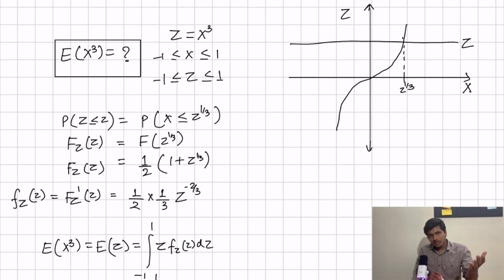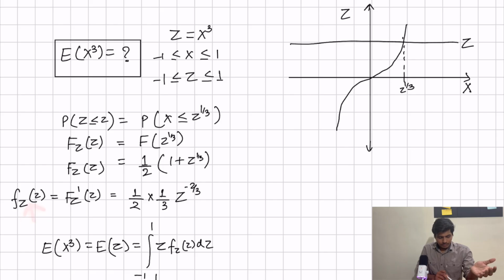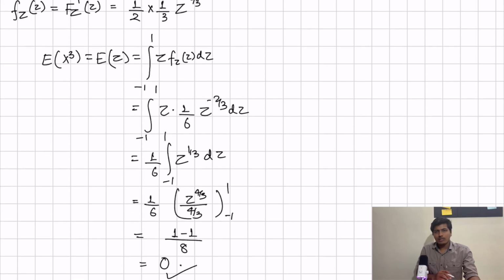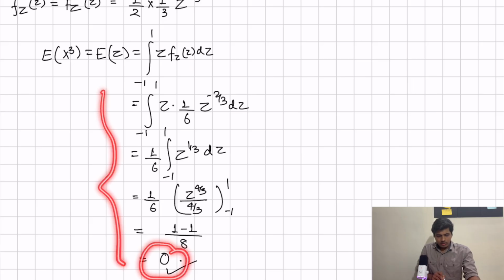Here we put z raised to 1 by 3 in place of x. Putting this, we will get the CDF of z. Differentiating this value, we will get the PDF of z. Now similarly, we can find the expected value of z, which is equal to the expected value of x cube: the integral of z times the PDF of z into dz from -1 to 1. Once you integrate this value, you will get 0.